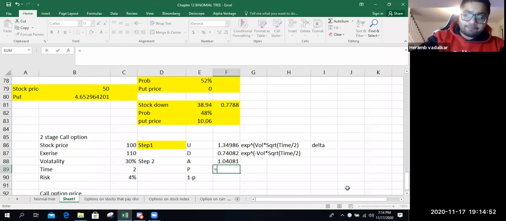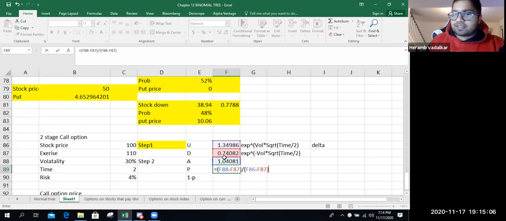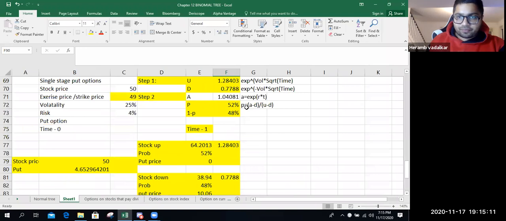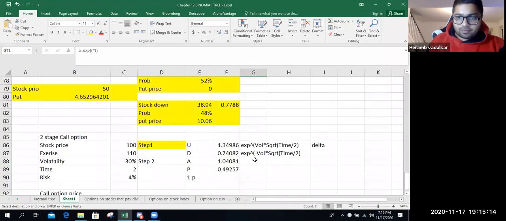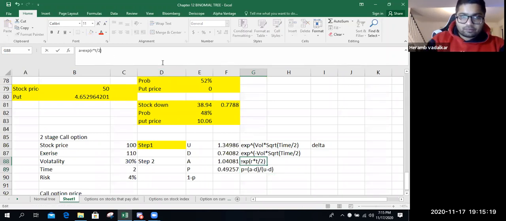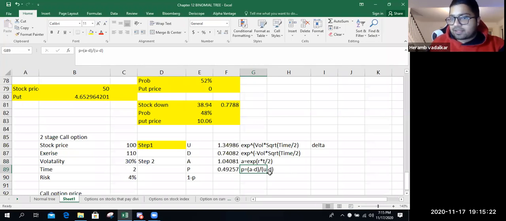We will calculate P. P is A minus D divided by U minus D. So this remains same. 1 minus P will be 1 minus P value.